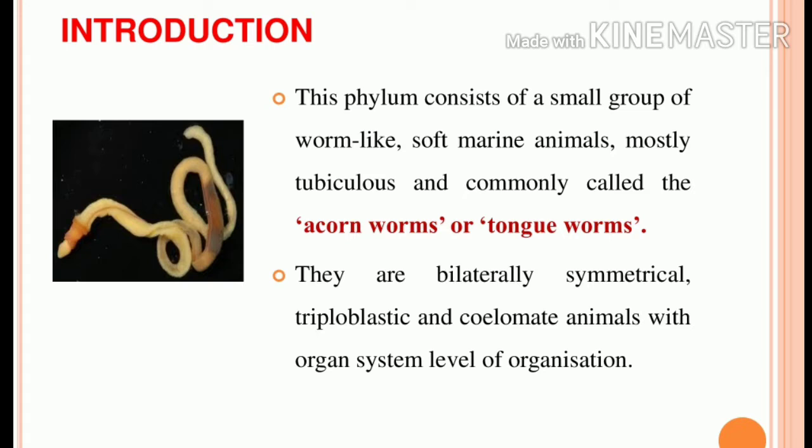This phylum closely resembles the Echinodermata, with a worm-like structure. The worms are called acorn worms or tongue worms. Okay, they always live in marine habitats. So this is one of the tubular hemichordates.